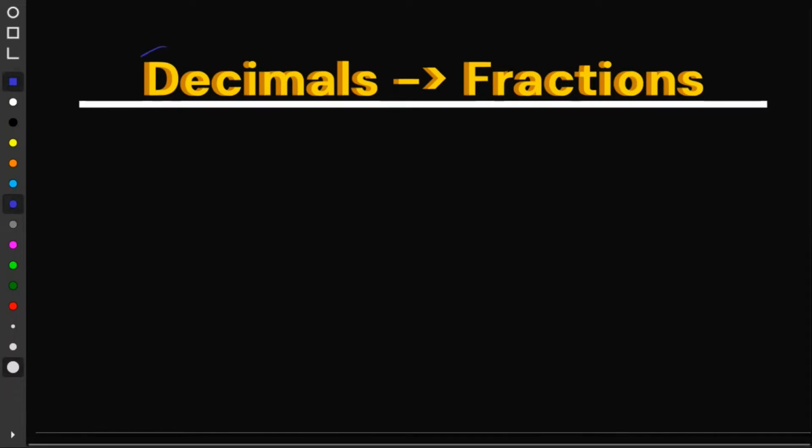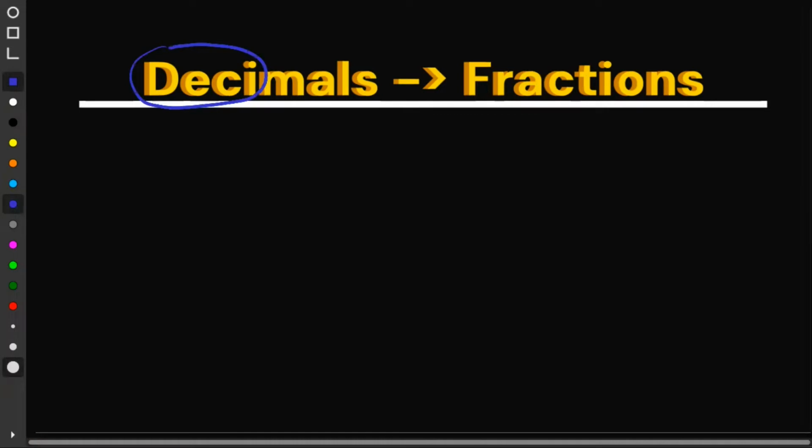From the word deci, which literally means in math 1/10, we see that decimals are numbers that represent fractions where the denominator is a power of 10.